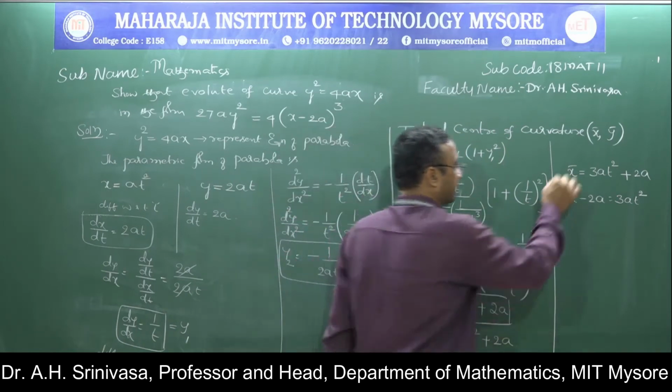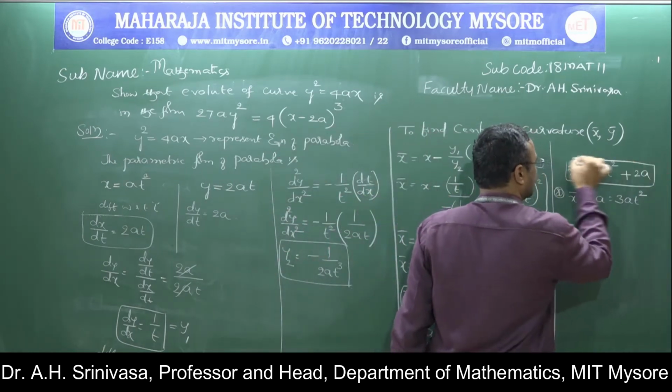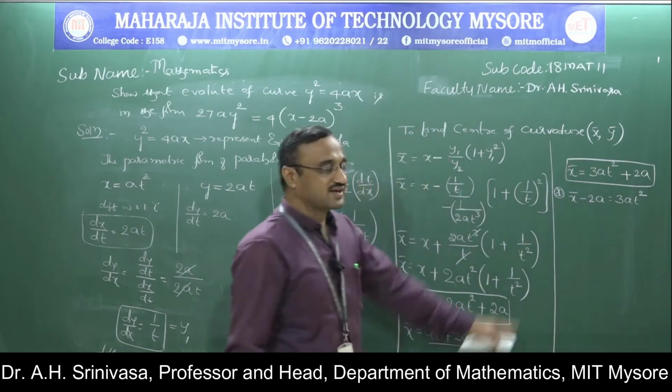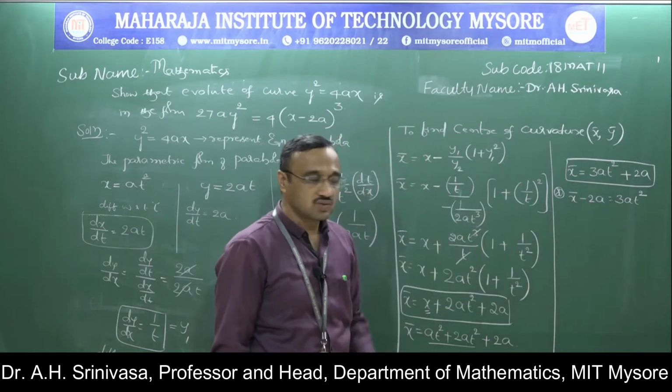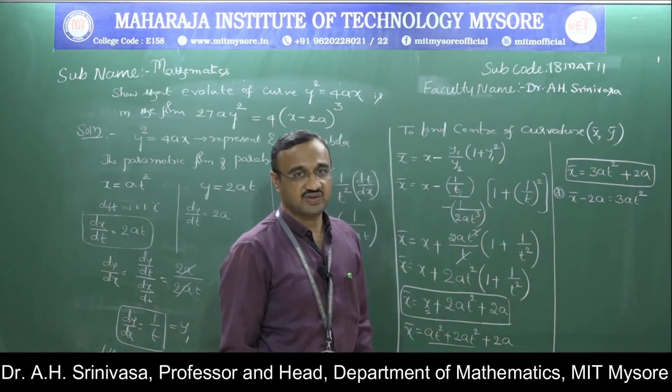This is your x bar. For simplification purposes, we can write x bar minus 2a equal to 3a t square.